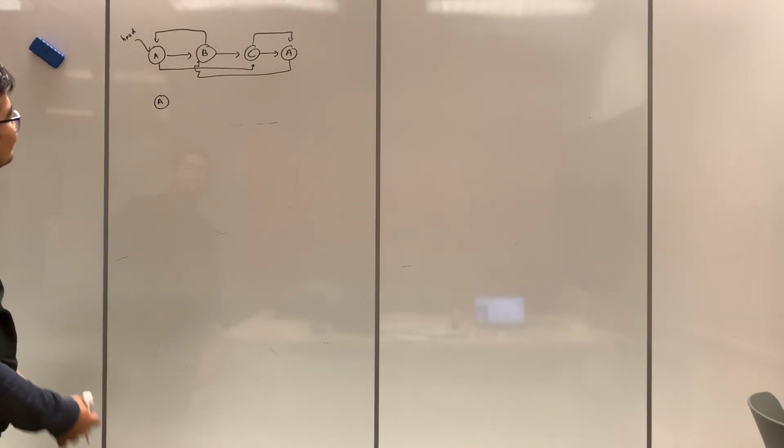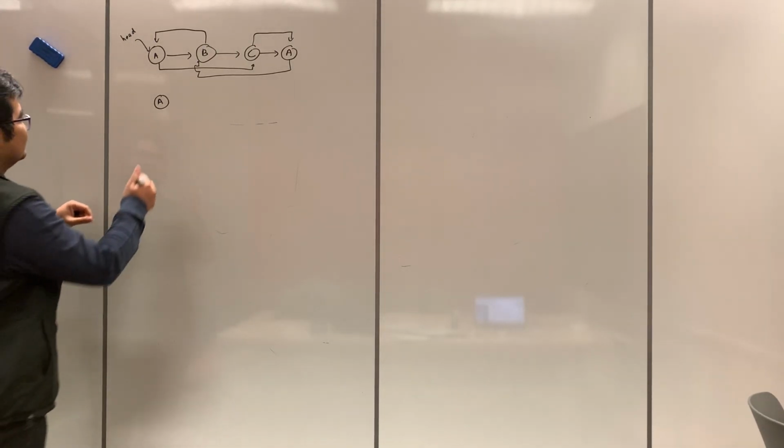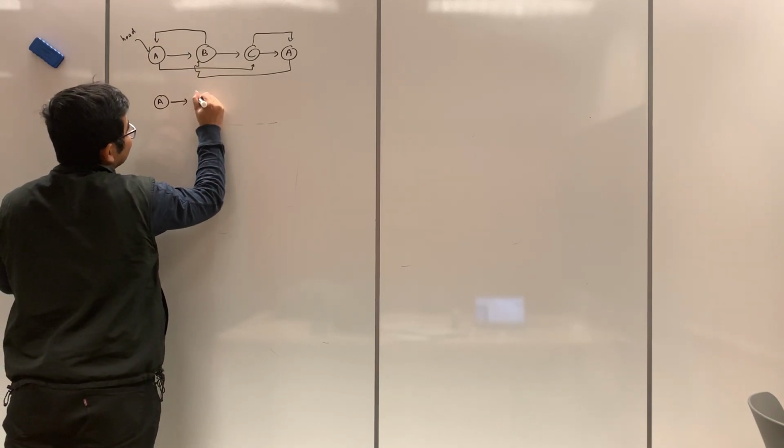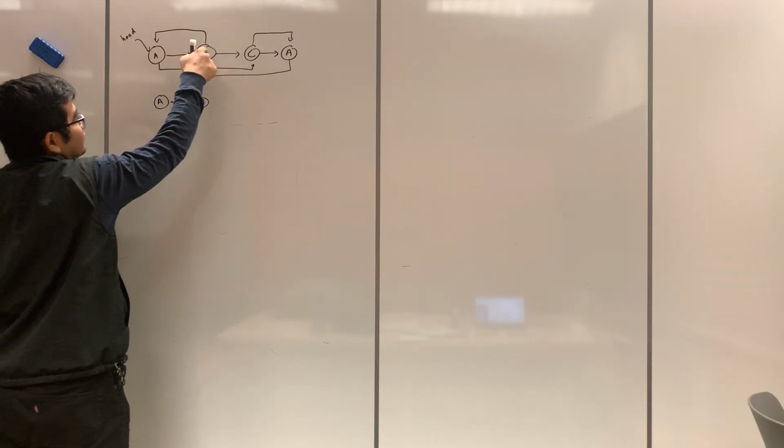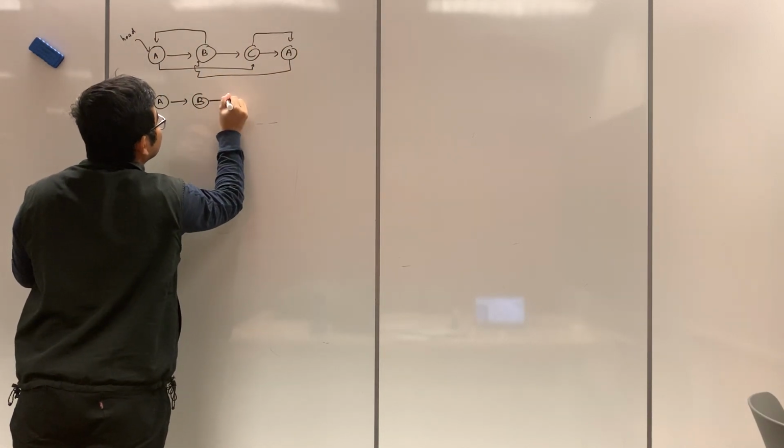So we agree that we can create this easily, just traverse through head, A and then B and then C and then A to get all of this.